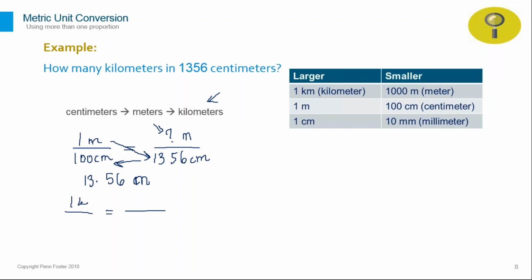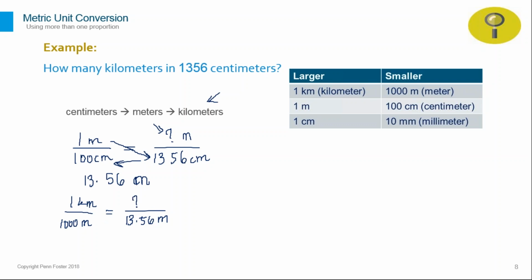1 kilometer, according to the table, is equivalent to 1,000 meters. And I have 13.56. Notice that I just keep the same order. I have my meters on the bottom, then I have to keep the meters on the bottom as well for the second fraction. Otherwise, the proportion will give me an incorrect answer.